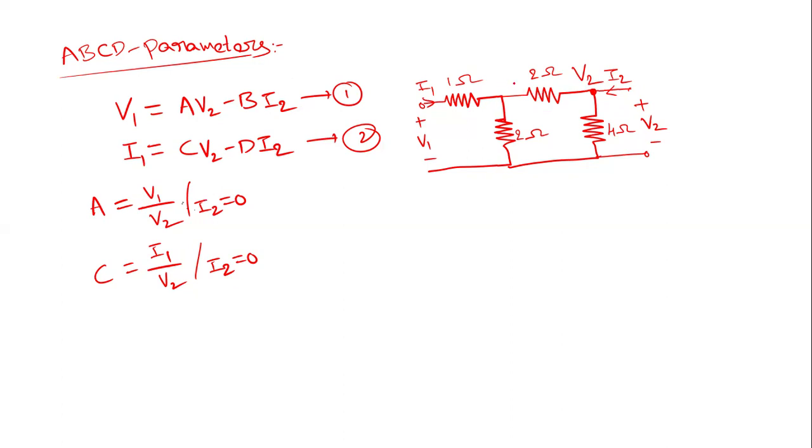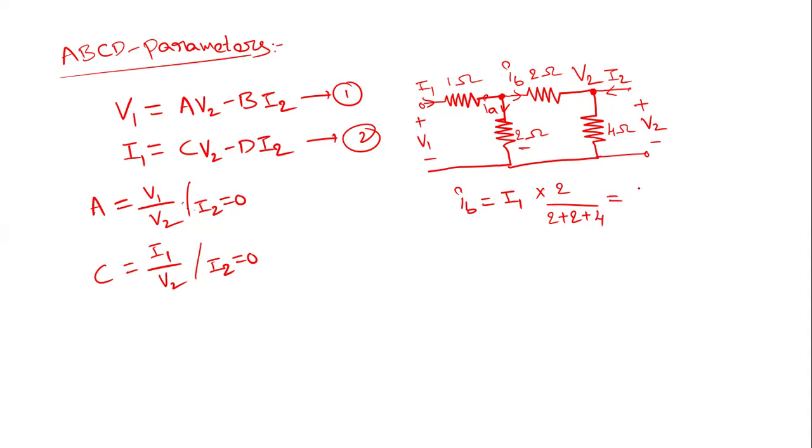To find V1 by V2, let us apply current division at this node so that we can express V2 in terms of I1. Let us consider this is current IB and this is IA after the current division. So what is IB? IB is the entering current I1 into the opposite resistance, 2, divided by the total resistance, 2 plus 2 plus 4.